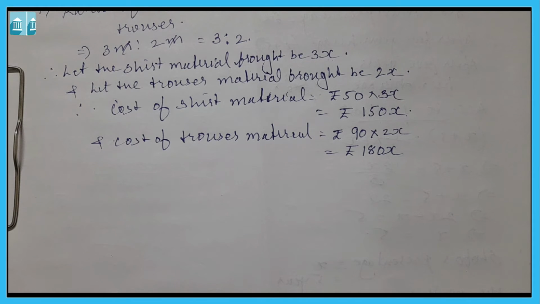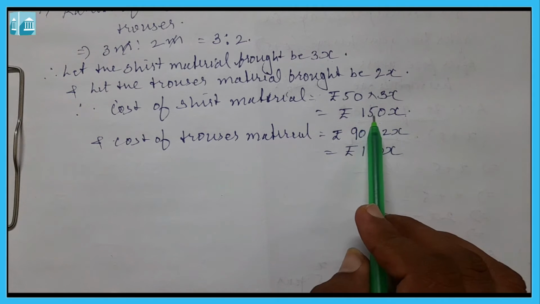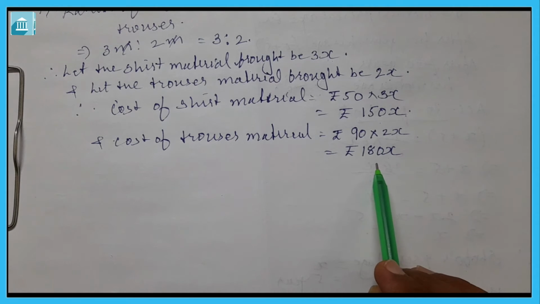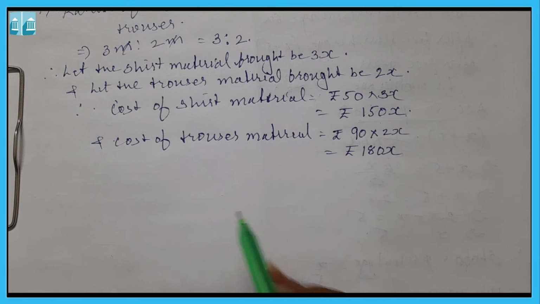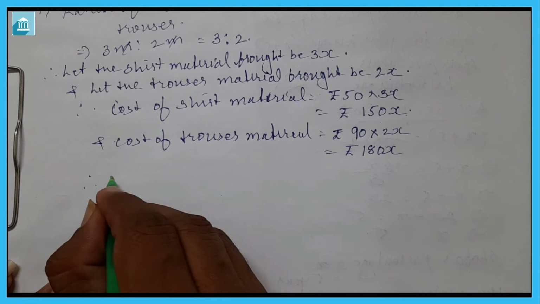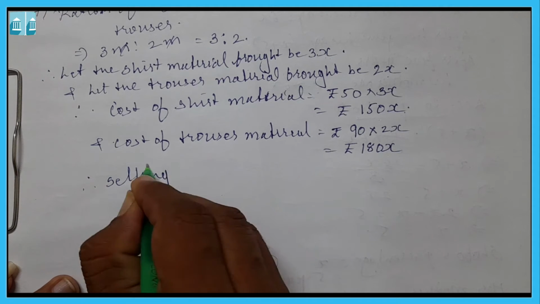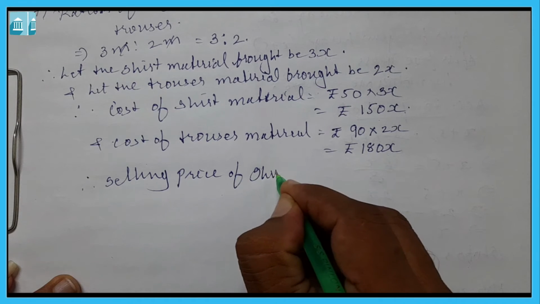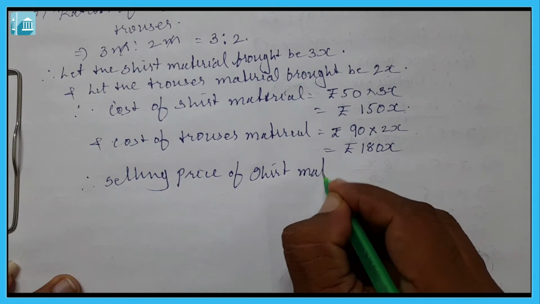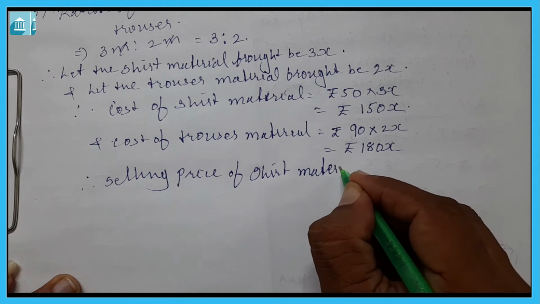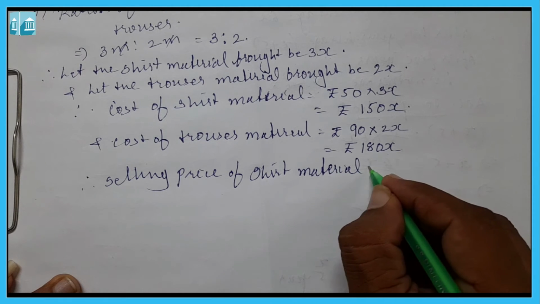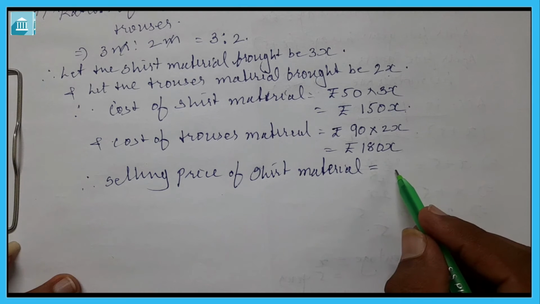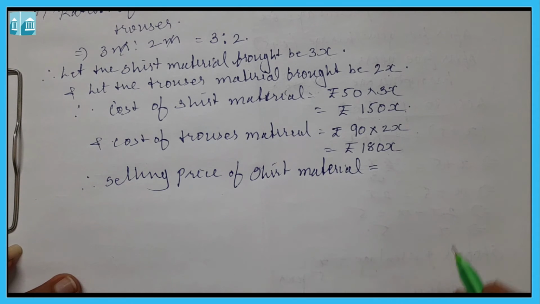Now it is also given that he sells the material at 12% and 10% profit respectively, meaning 12% on shirt material and 10% on trouser material. So the selling price of shirt material is equal to, we know that selling price is cost price plus profit. Here it is given 12% profit.